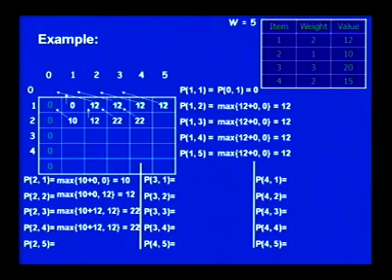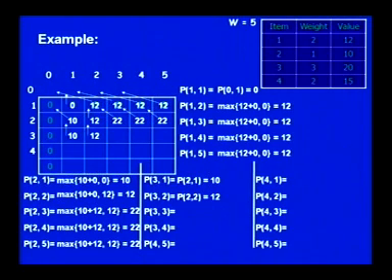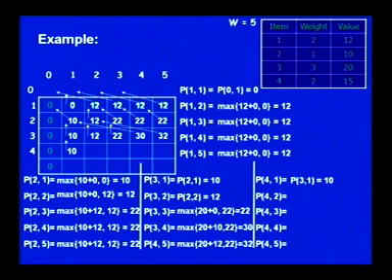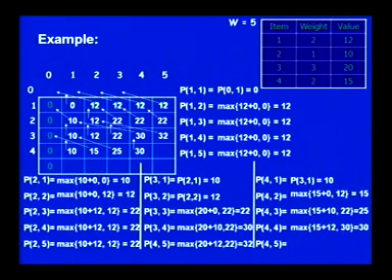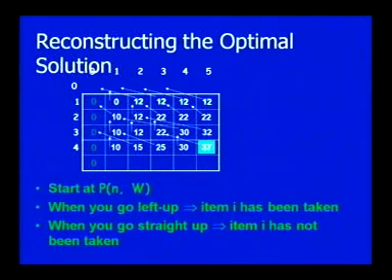We keep on calculating, we keep on populating that particular table, and when we end the process what we have is the maximum profit that you can get from this particular problem. You can see very well it is 37. Therefore, you can conclude that for this particular problem the maximum profit you can get is 37.